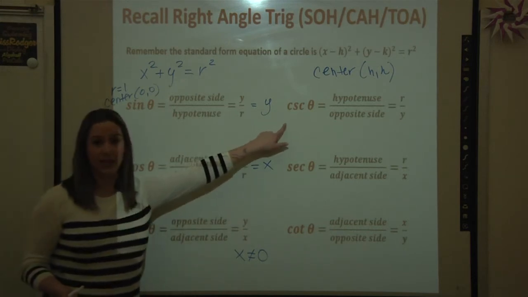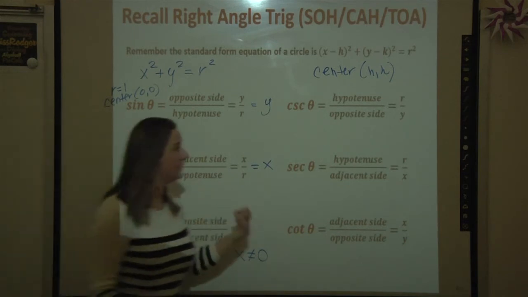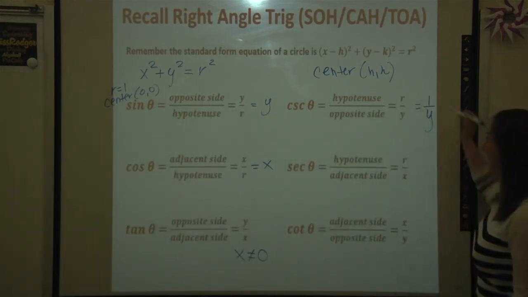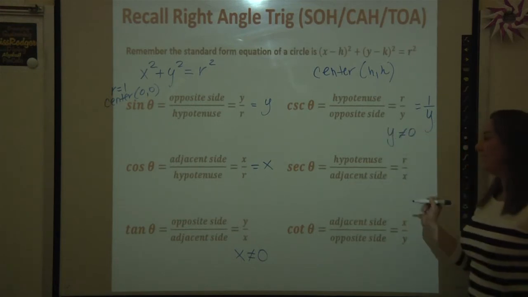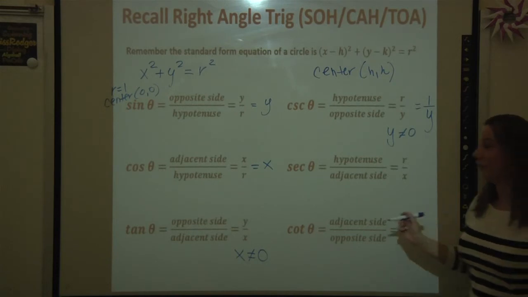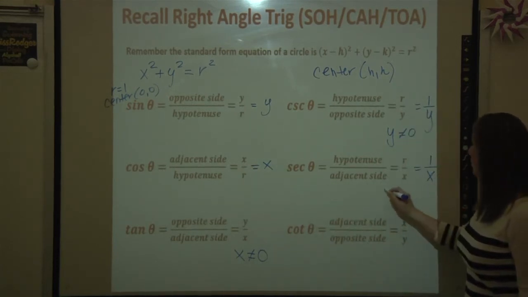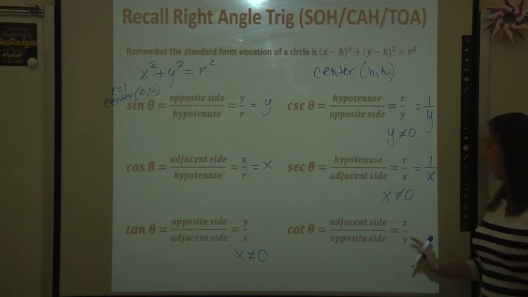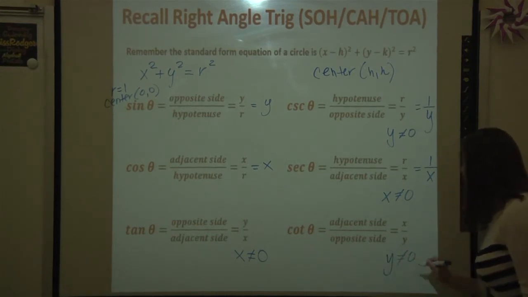Our cosecant, which again is our reciprocal function of sine, is going to equal 1 over y, since our radius is 1, and y can't equal 0. Our secant, which is the reciprocal function of cosine, is going to equal 1 over x, in which x can't equal 0. And our cotangent is going to equal x over y, where y can't equal 0.